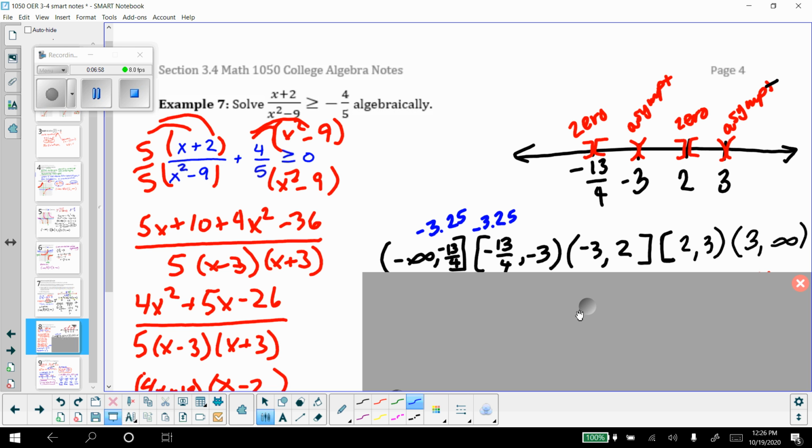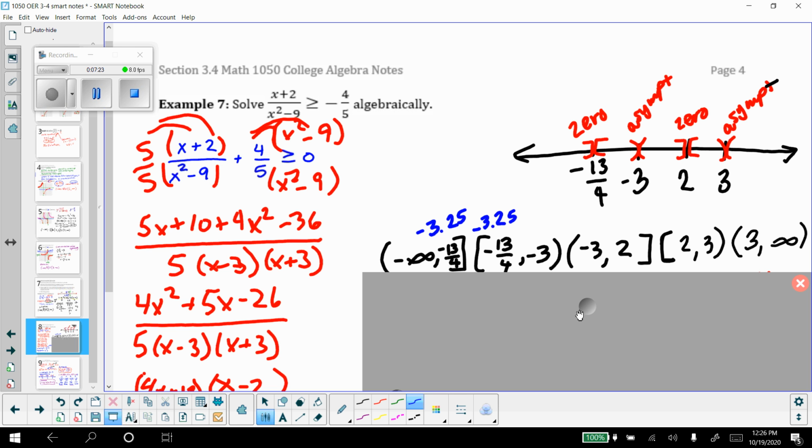And then we have from negative 13/4 with a bracket to negative 3 with a parenthesis because that's an asymptote, so it can't ever cross the asymptote. Then we have another interval from negative 3 to positive 2, parenthesis around negative 3 where the asymptote is, bracket around positive 2 because it's an x-intercept where it equals 0.